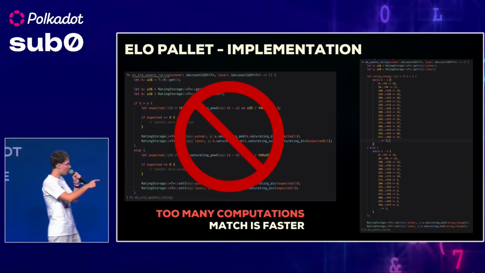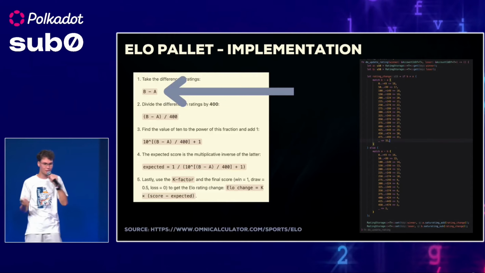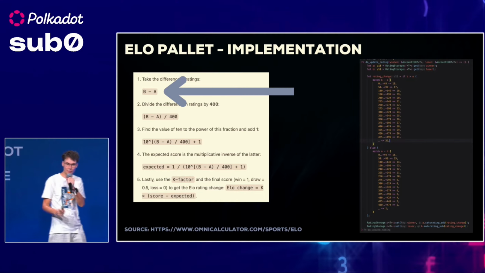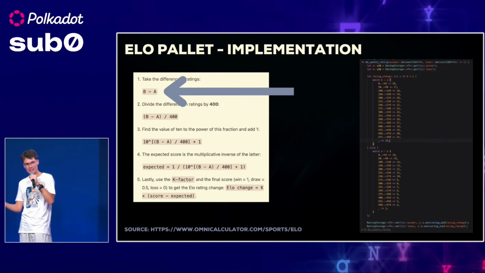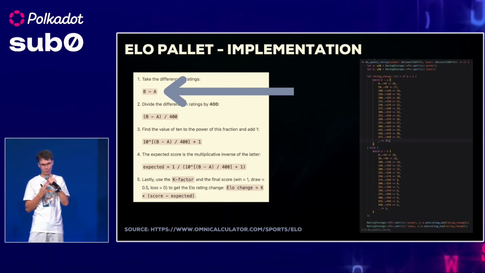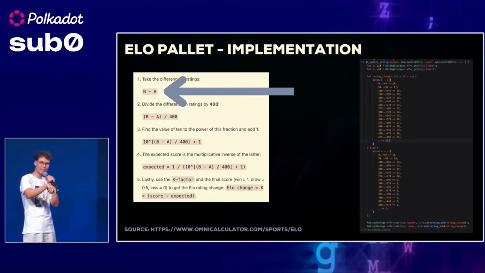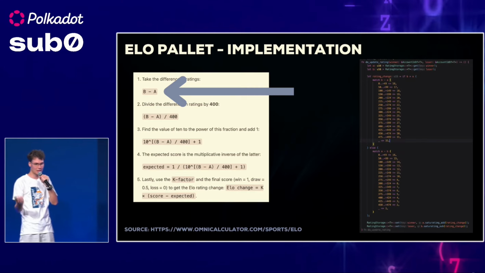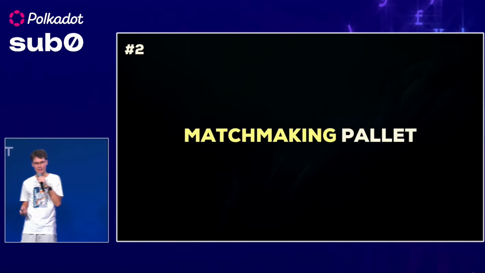So if we look at the formula again, we can notice that there is only one parameter, and that's b minus a. So we can actually pre-calculate the values for all of those parameters, and it will run much faster.